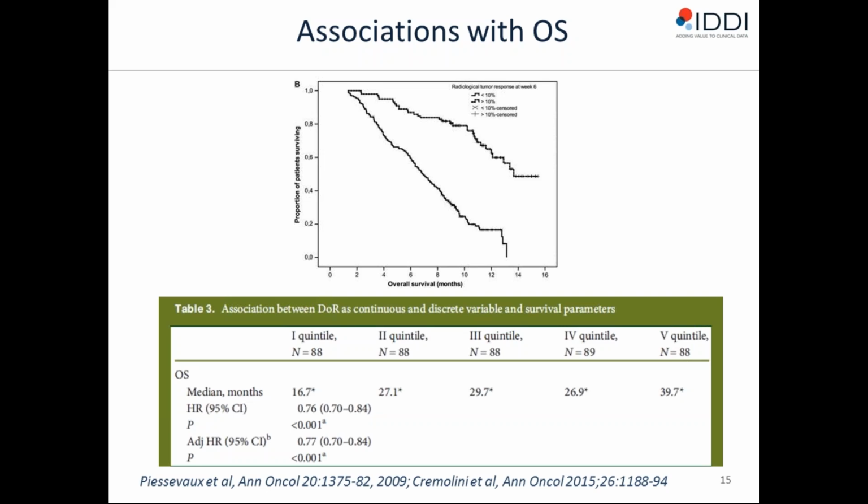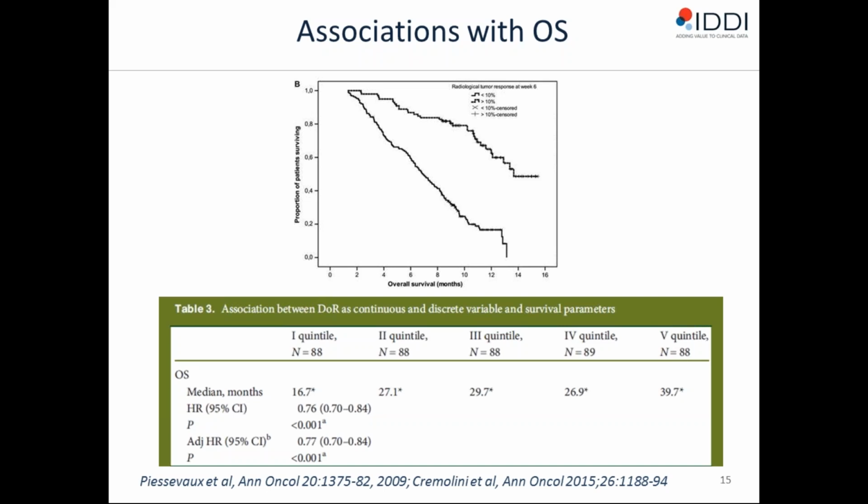So the results that have been published so far in terms of the association between these new metrics and OS have typically focused on what we call the individual level of association between achieving these endpoints and achieving good survival. For example, the Kaplan-Meier on the top shows patients with and without early tumor shrinkage.